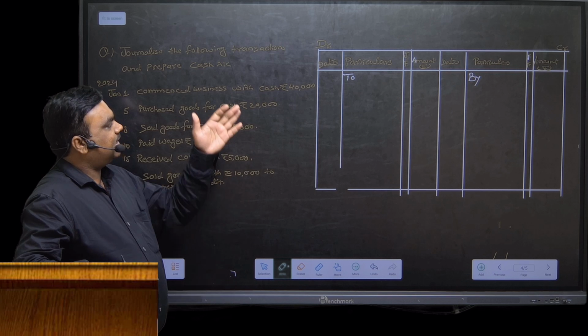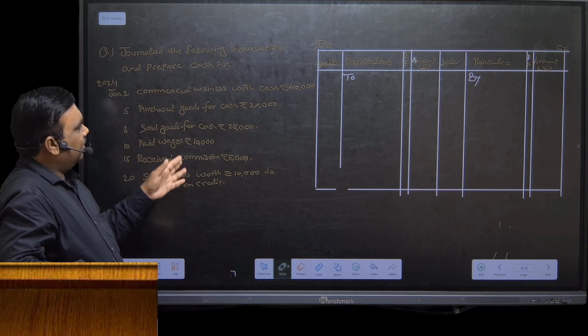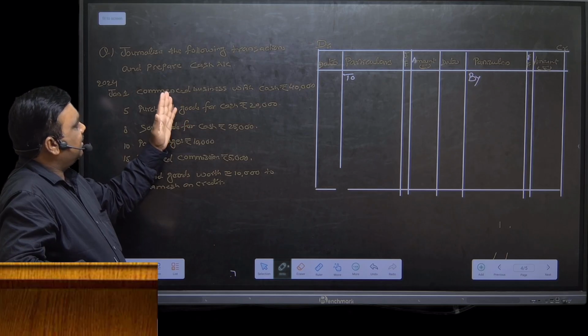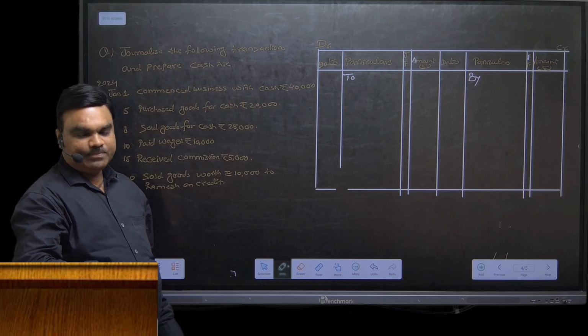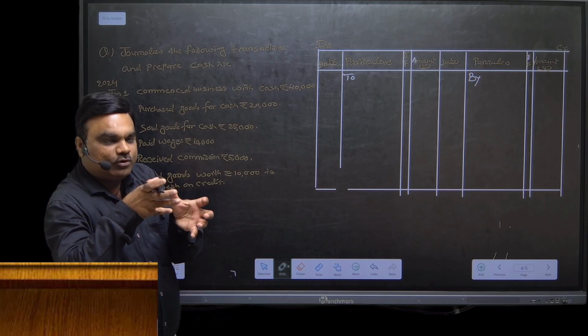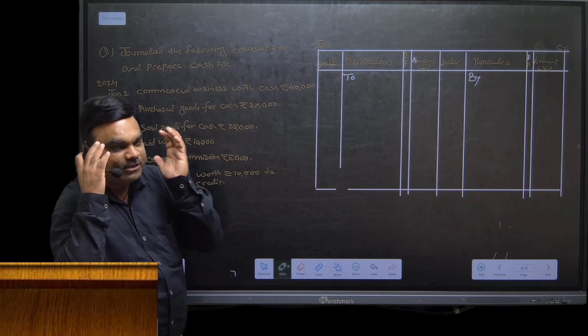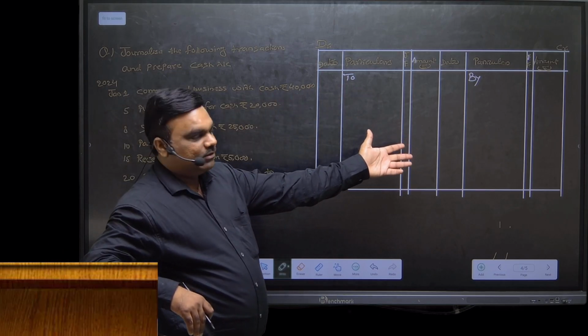Let's see some examples. I have written some example. First one is commence business with cash rupees 40,000. So what will be the journal entry? According to the golden rules, we have to frame the journal entries in our mind, and then we have to make the posting into ledger account.